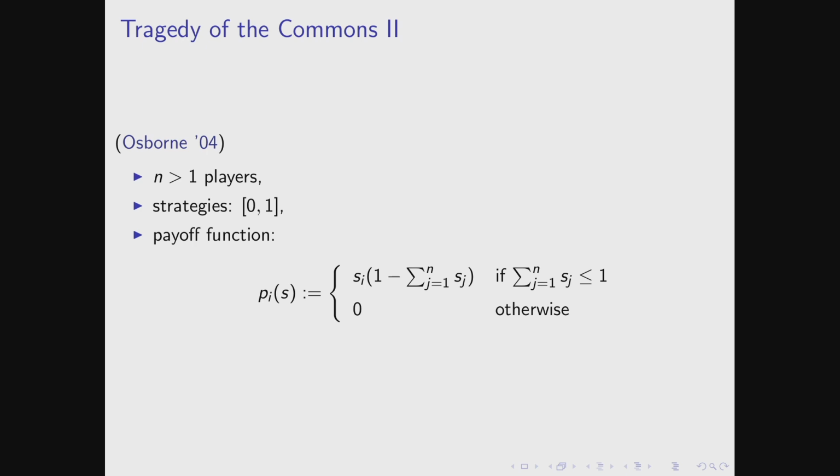So you see s_i is multiplied by a number where the second term is negative. The more people claim, the smaller this 1 minus this number becomes, and it can even be negative, and as a result, it pushes down your payoff. And when everybody claims 100%, then that's it, you get 0. So if you choose the resource, you get this top outcome, but if people claim in total more than 100%, everybody gets 0.